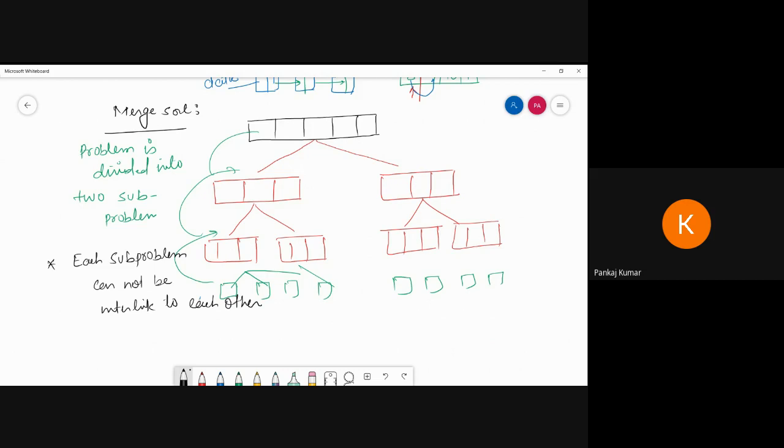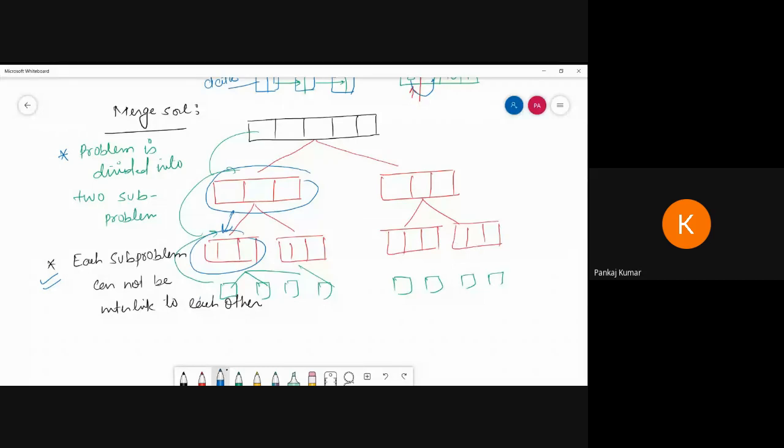What is the meaning of that? Whatever I am writing, each problem cannot be interlinked with the others. So whatever solution is present here cannot be linked to this solution. Yes or no? That means each subproblem acts as an independent form, not a dependent form. Okay, so that is important.